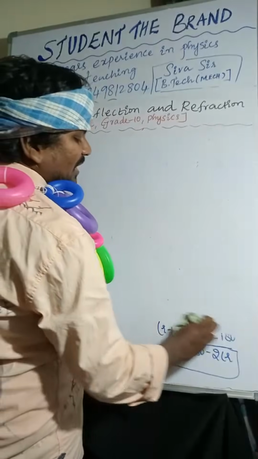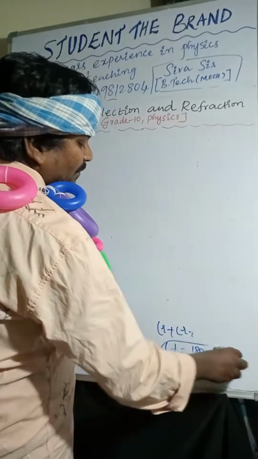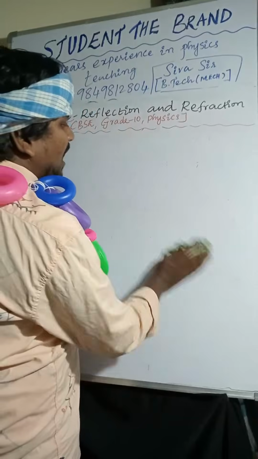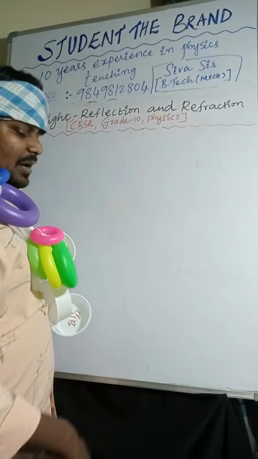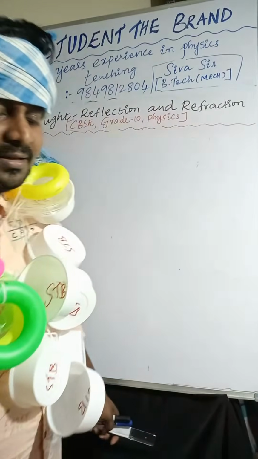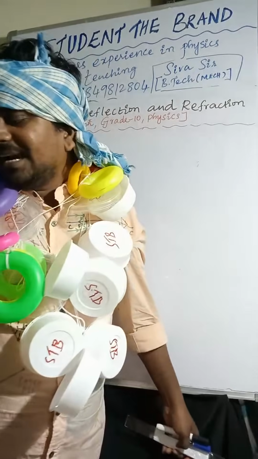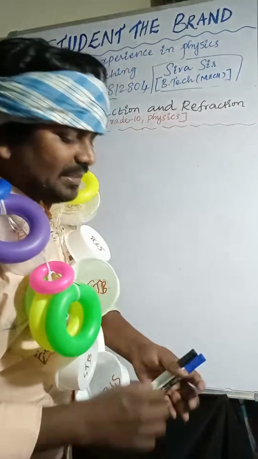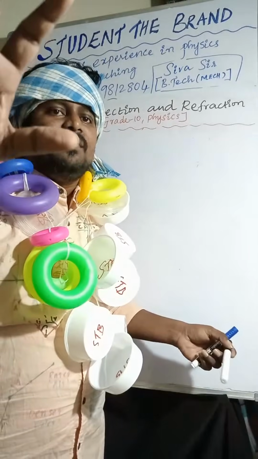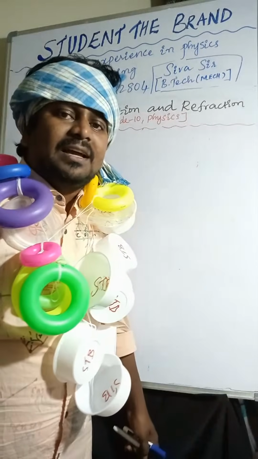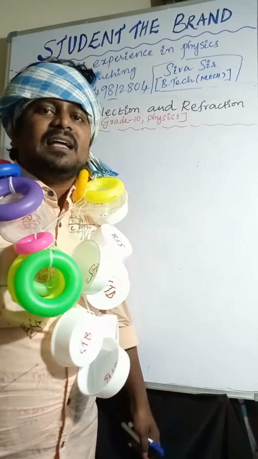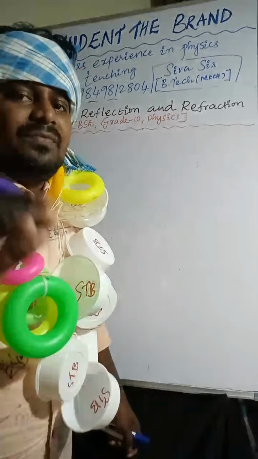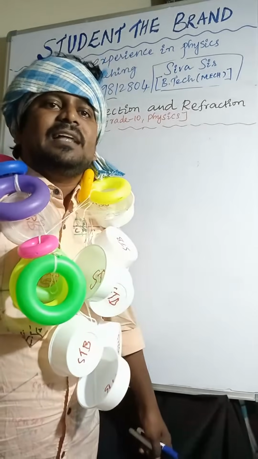What is regular reflection? Regular reflection is when the incident light rays are parallel to each other, and the reflected light rays are also parallel to each other.